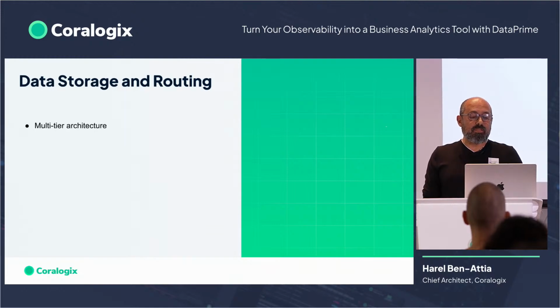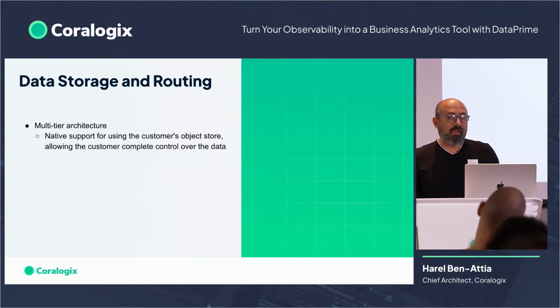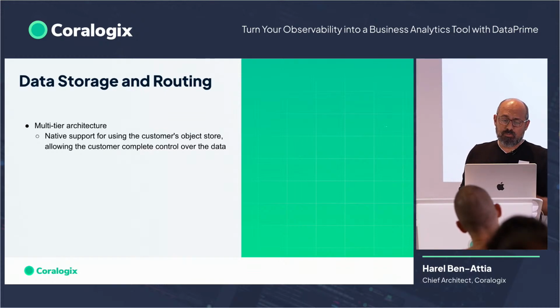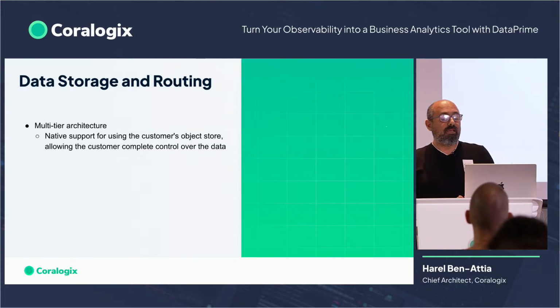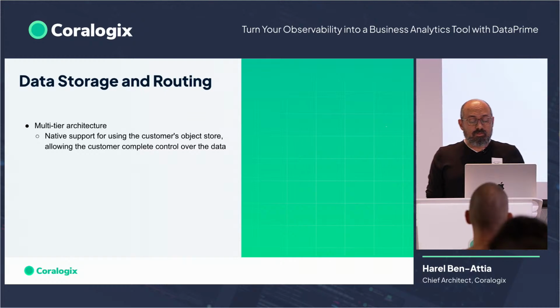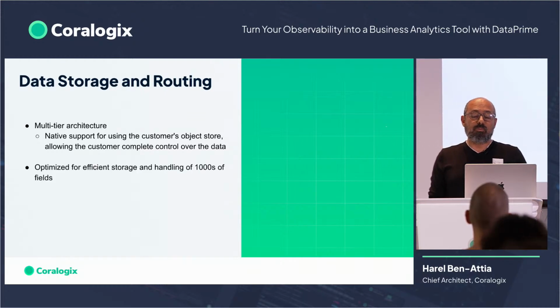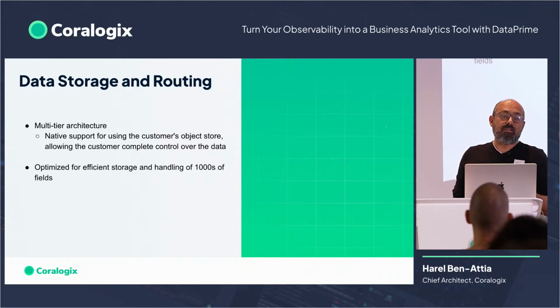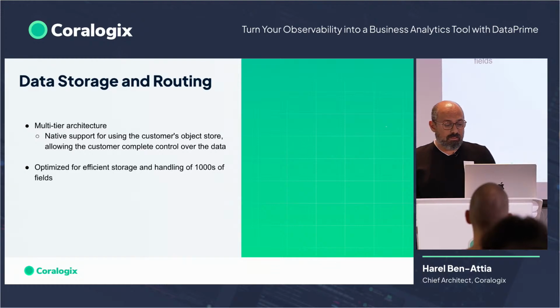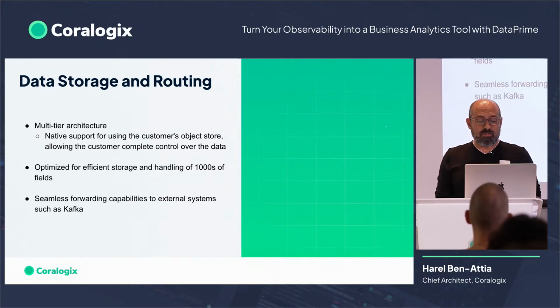Data storage and routing: we have a multi-tier architecture. Frequently searched data is stored on our own internal systems. And we have native support for customer object store, allowing the customer complete control over the data. The storage and the access layer are both optimized for efficient storage and handling of thousands of fields.